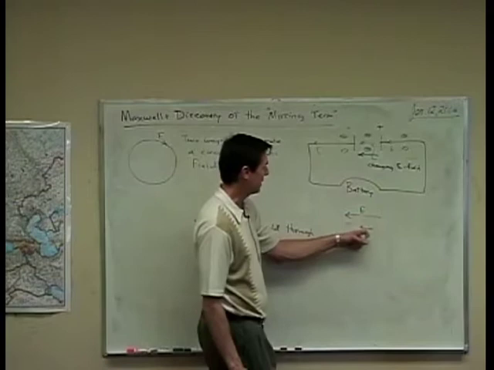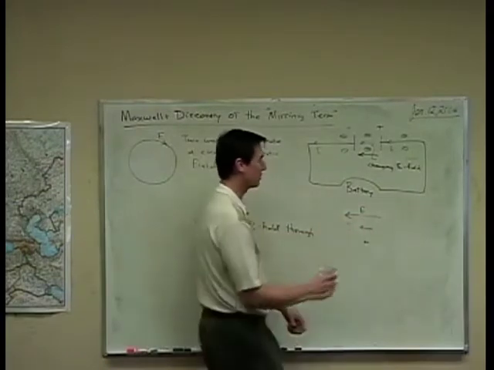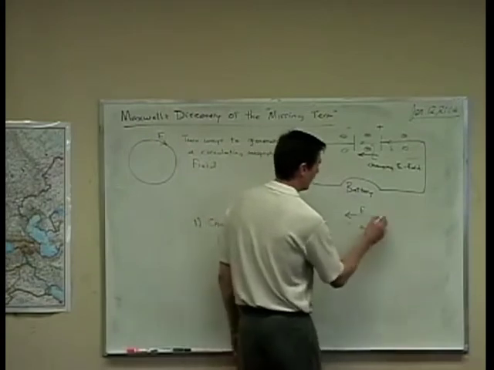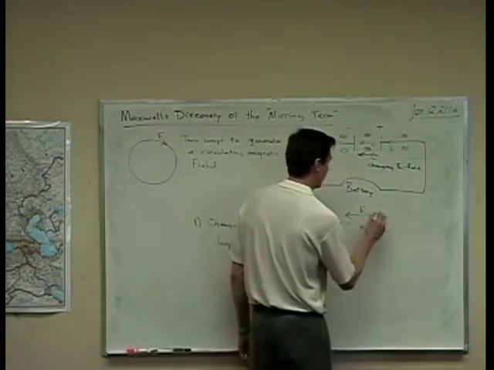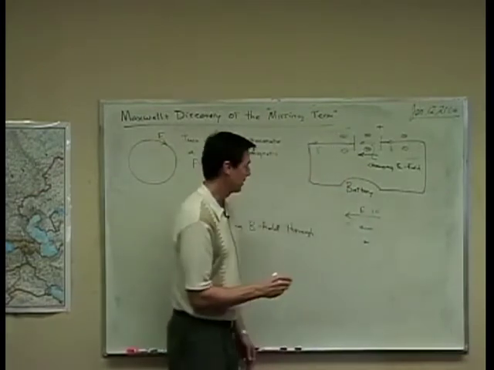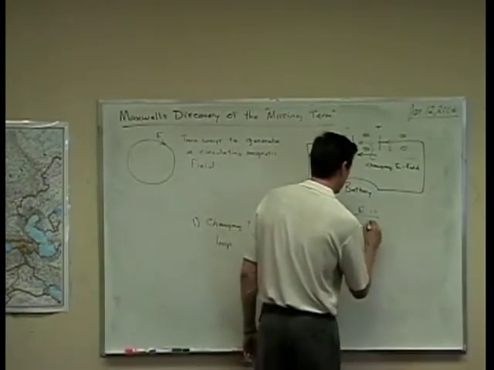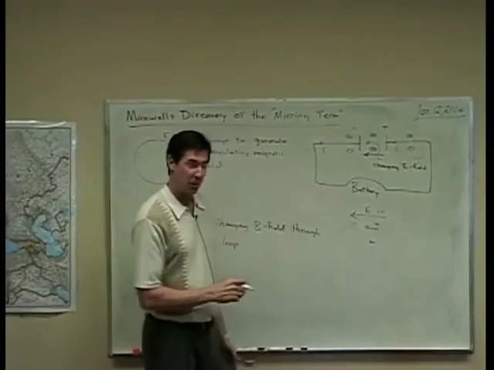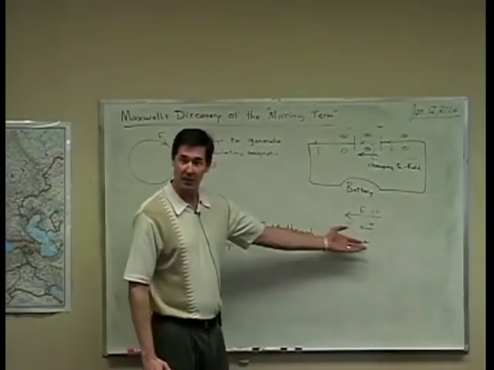Let's put numbers on it just to make it clear. Let's say this E field, we're going to call this magnitude 10, and we're going to call this one magnitude 4. Now, what has the change of that E field been?